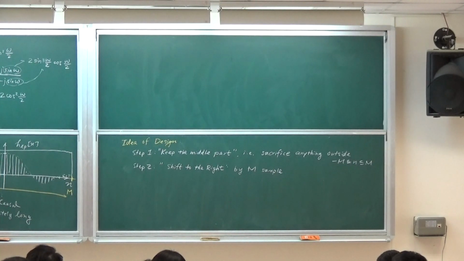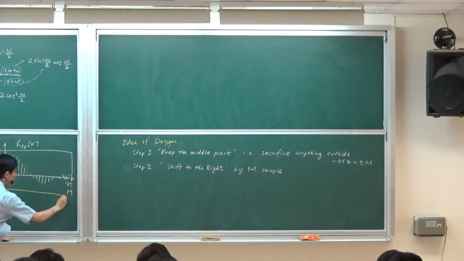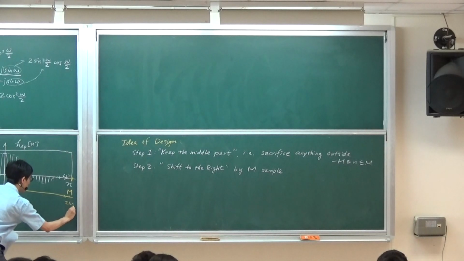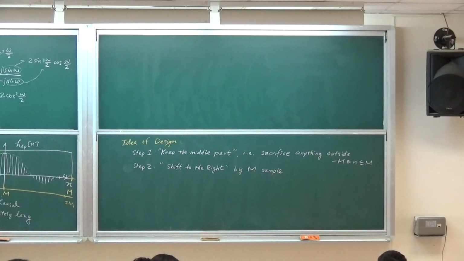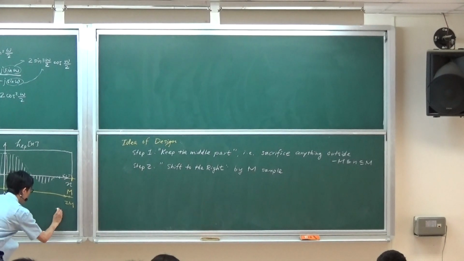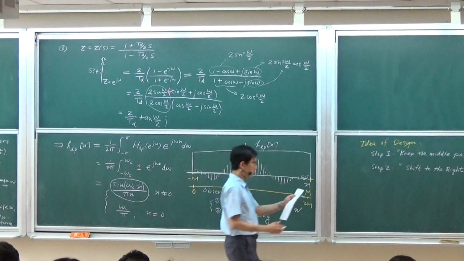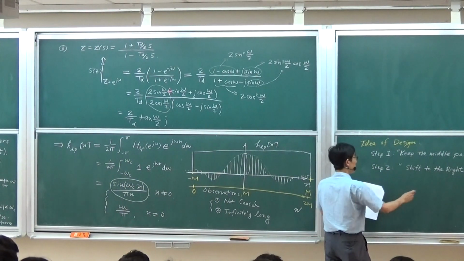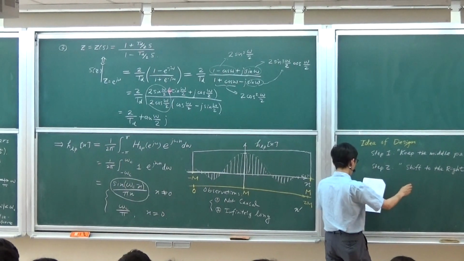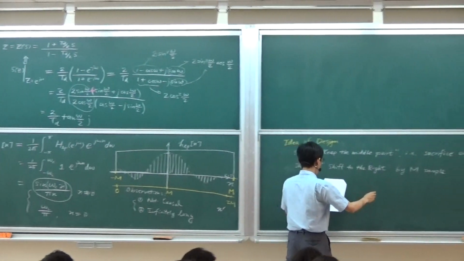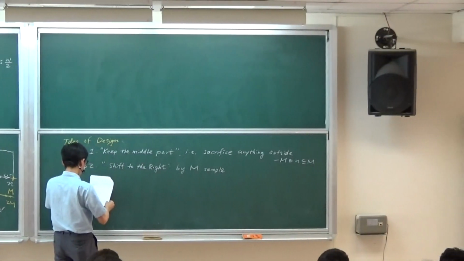Now the new time index is going to be 0 for the first sample, N in the middle, and 2N in the end. Let's denote the new time as n prime.